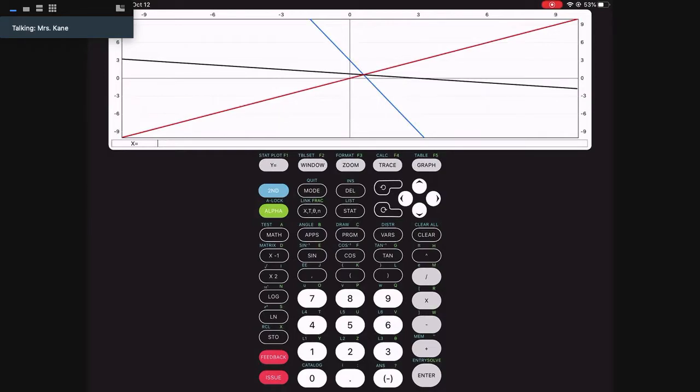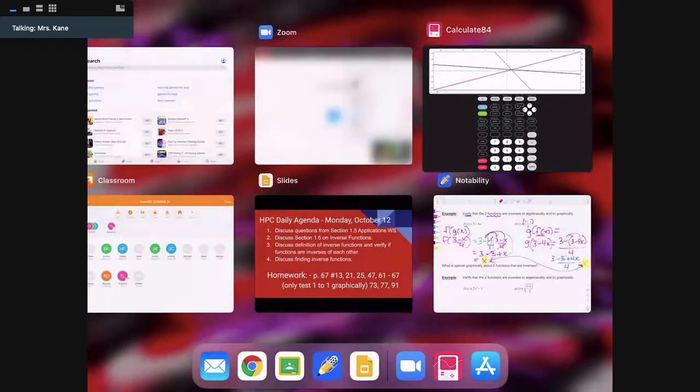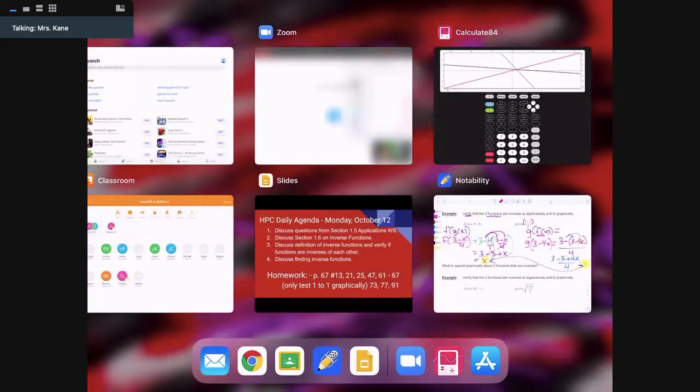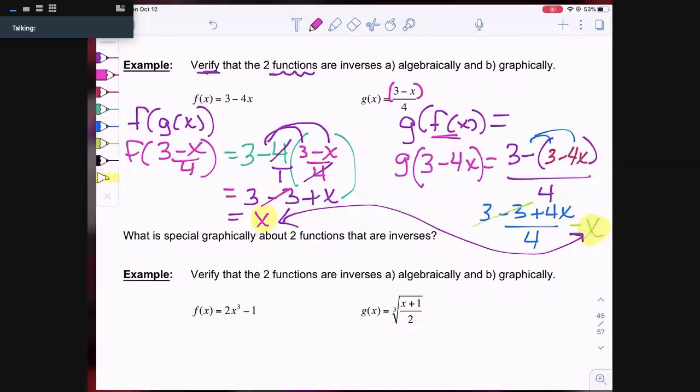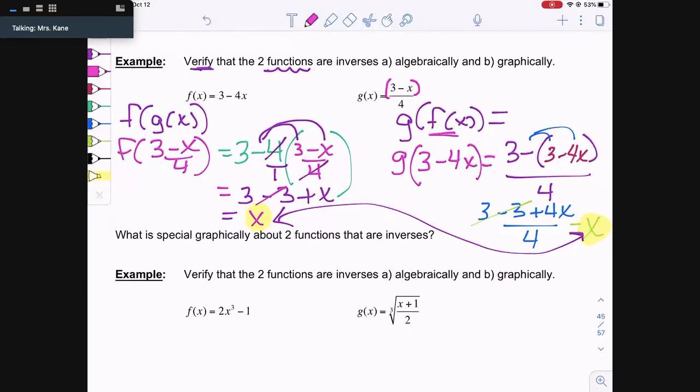So I'm going to go back to my screen here. It's a little slow. There it comes. So what is special graphically about two functions? Well, graphically, they're going to be reflections over the line y equals x.